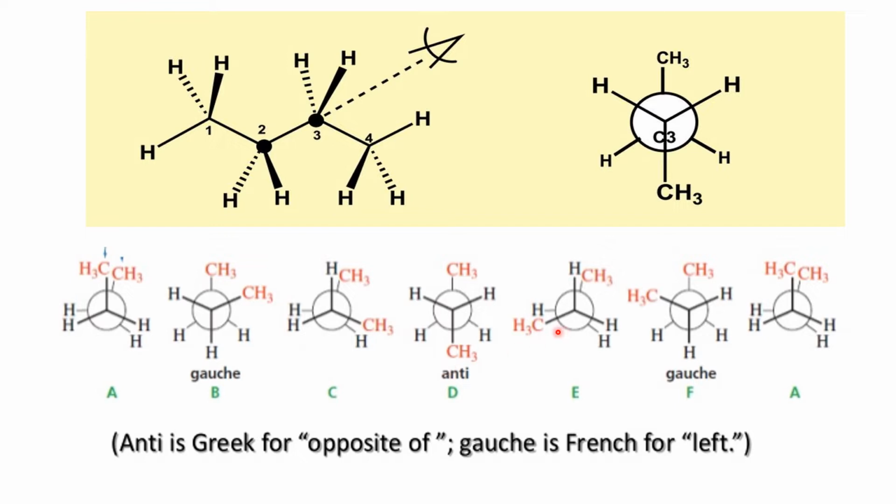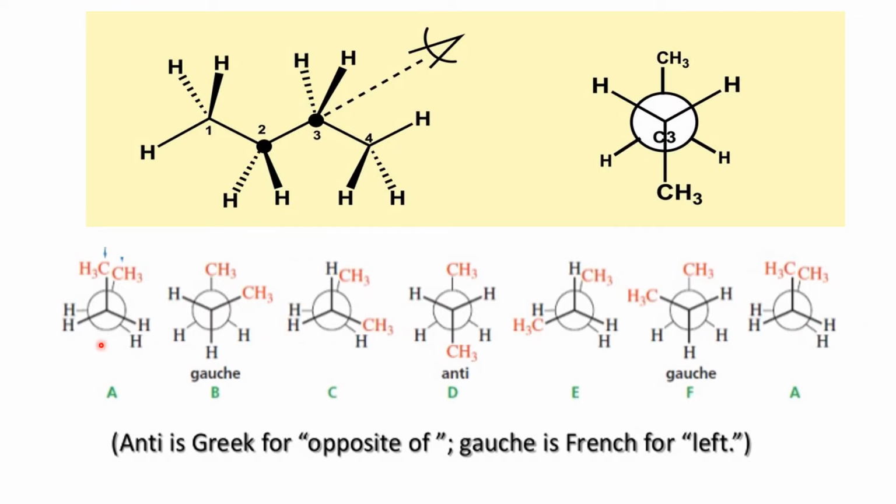Again, the rotation is continuing and we are moving to another form, and finally it will come to the final form. That means keeping one CH3 group constant, we are rotating the carbon-carbon bond, that is the C2-C3 bond, so that we get different conformations.